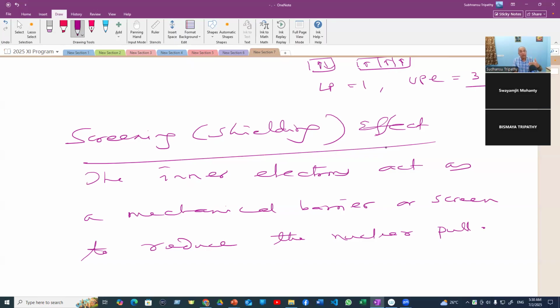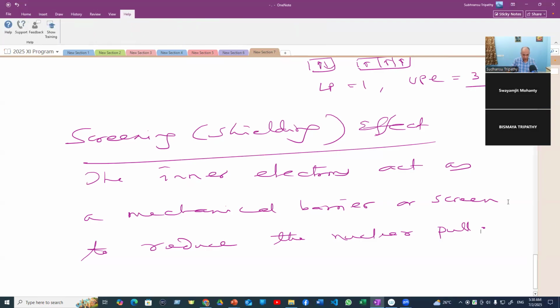More the screening effect, less the nuclear pull and more the energy of that electron. Less the nuclear pull, less is the attraction, less is the electron being attracted towards the nucleus, and more is its energy.